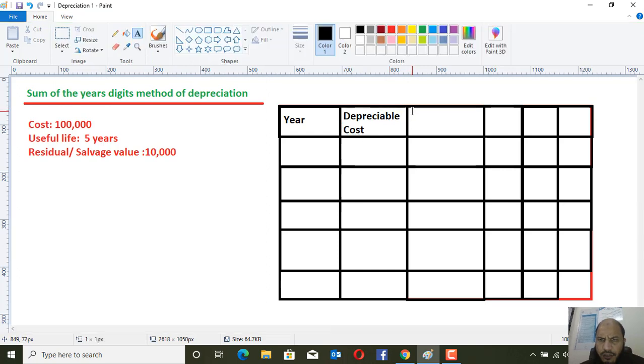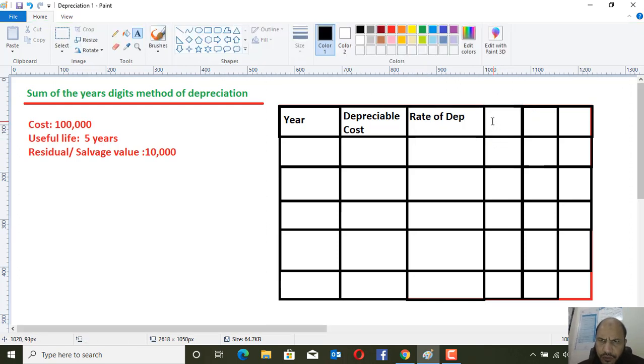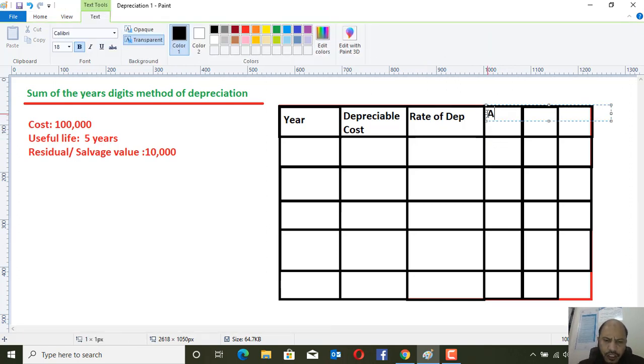The third column is for the rate of depreciation. The fourth column is for the annual depreciation expenses. The fifth column is for the accumulated depreciation expenses.